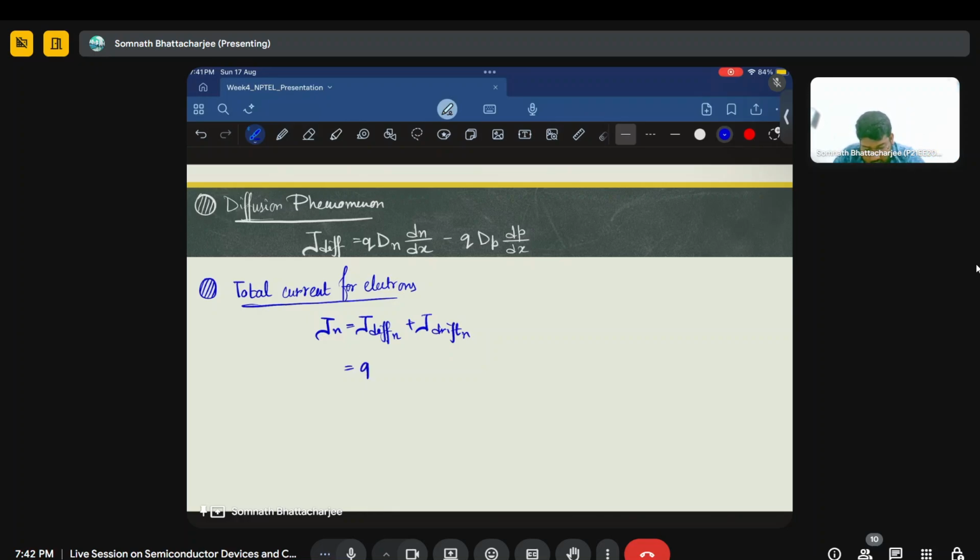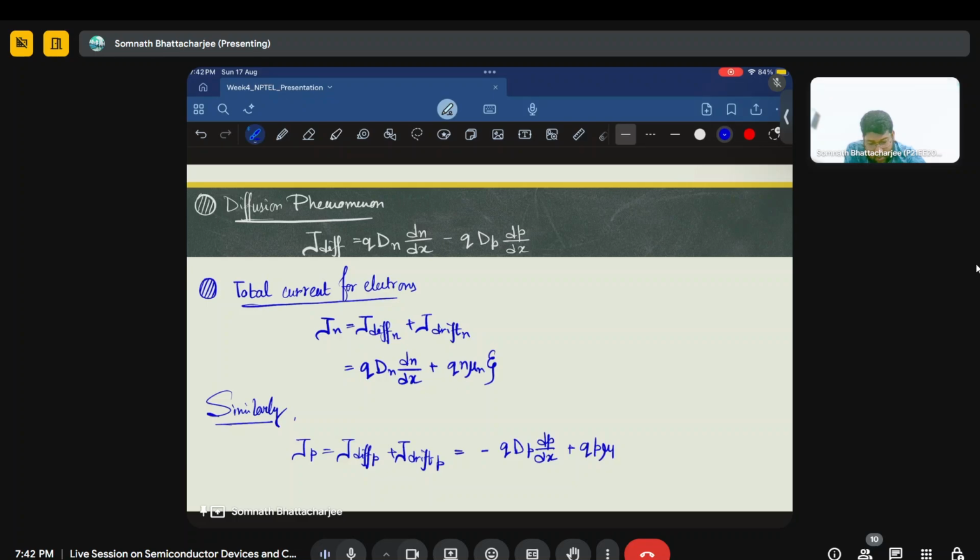So J diffusion is Q Dn dn/dx, and the drift one was Q n mu n E. Similarly, Jp, the total current for holes, would be J diff of p plus J drift of p, and we can write it down as minus Q Dp dp/dx plus Q p mu p E. This is the total current for electrons, and this is the total current for holes.